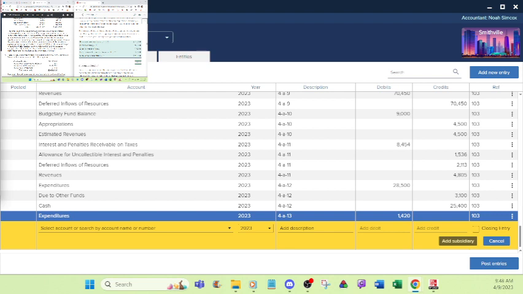Balance at the beginning of the year, balance at the end of the year. You know what's freaking funny? That's the only two pieces of information they gave us in this problem.